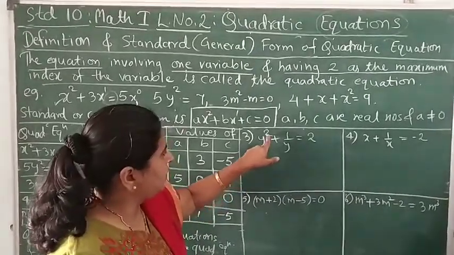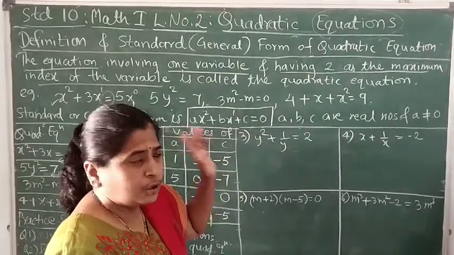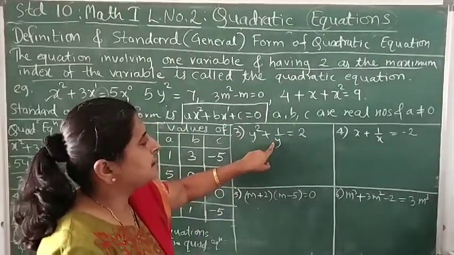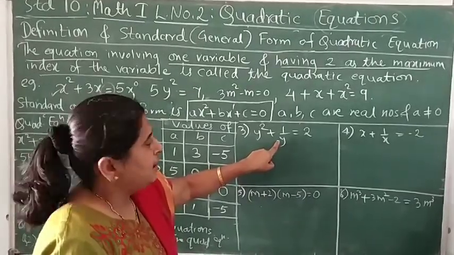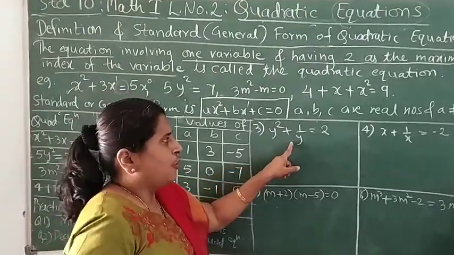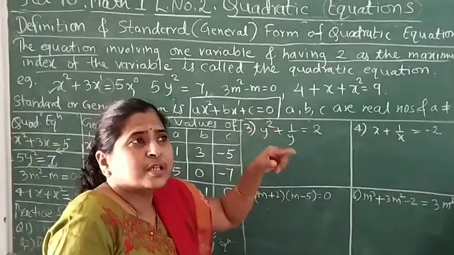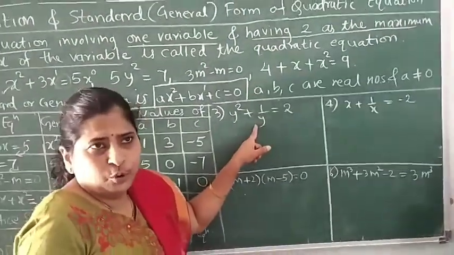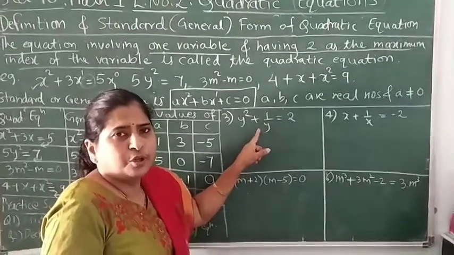If you think that here it is 2, so it should be quadratic. But no, there is one certain thing here: the variable is in the denominator. Quadratic equation comes from quadratic polynomial, and in a polynomial we don't keep any variable in the denominator.